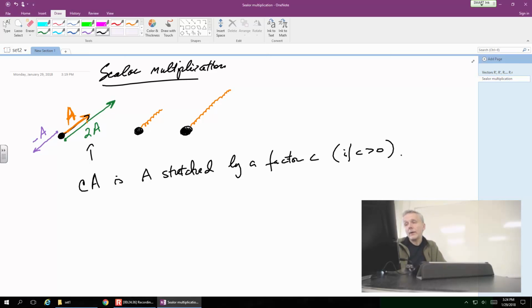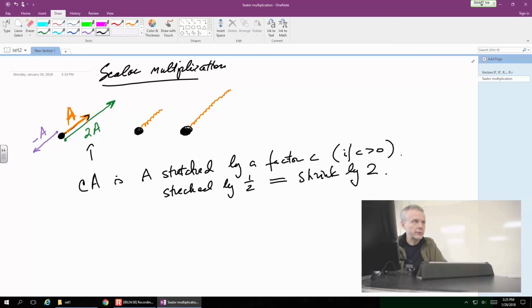However, if C is between 0 and 1, then the stretch turns into a shrink. So stretched by 1/2 means shrink by 2. Let me plot it somewhere: 1/2 A.